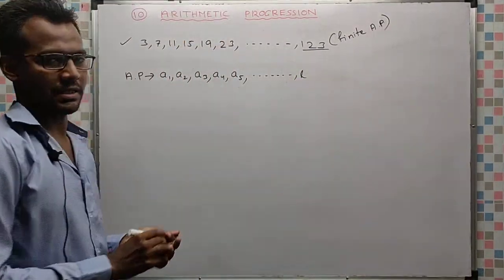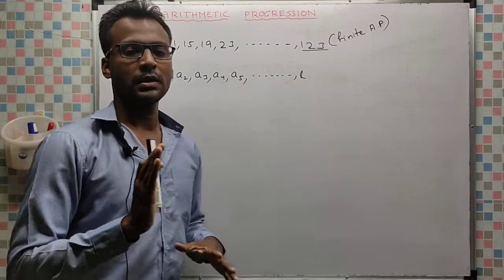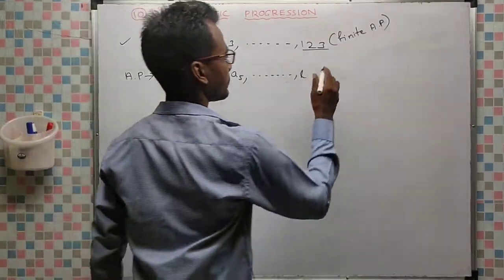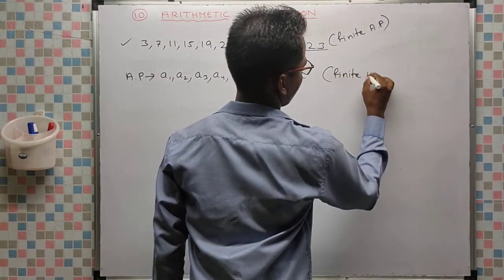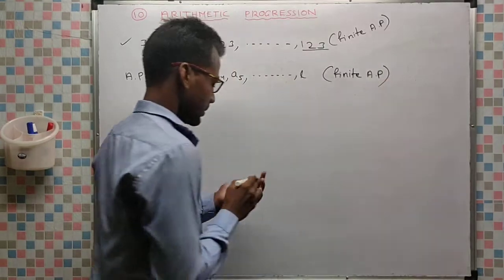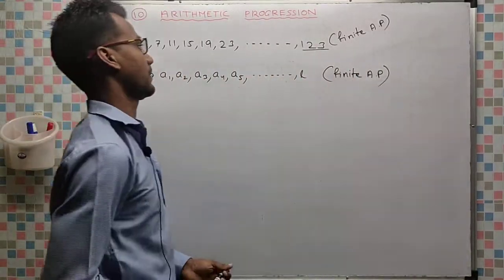L, I am taking the last term. n can be any number. It is a finite AP. The terms are A1, A2, A3, A4 in this way till L.